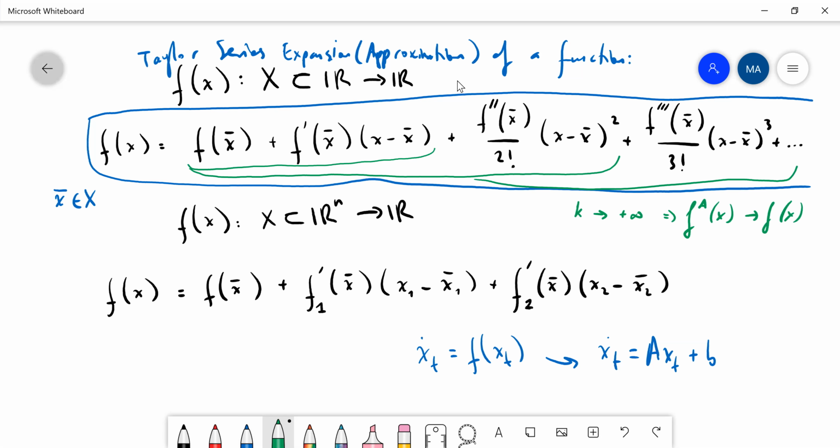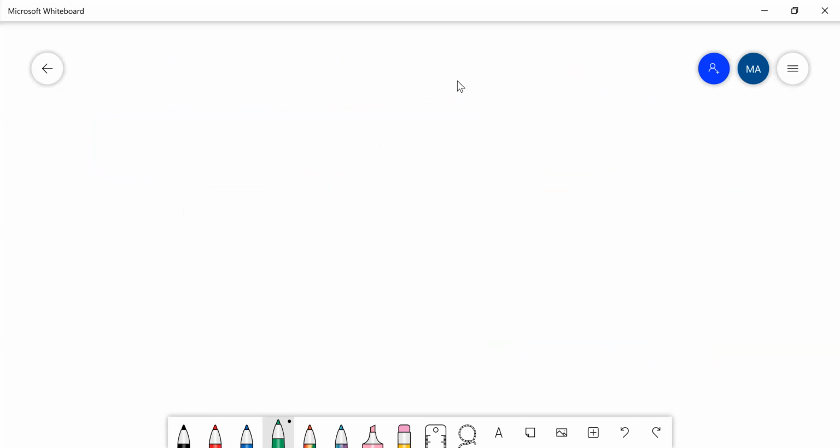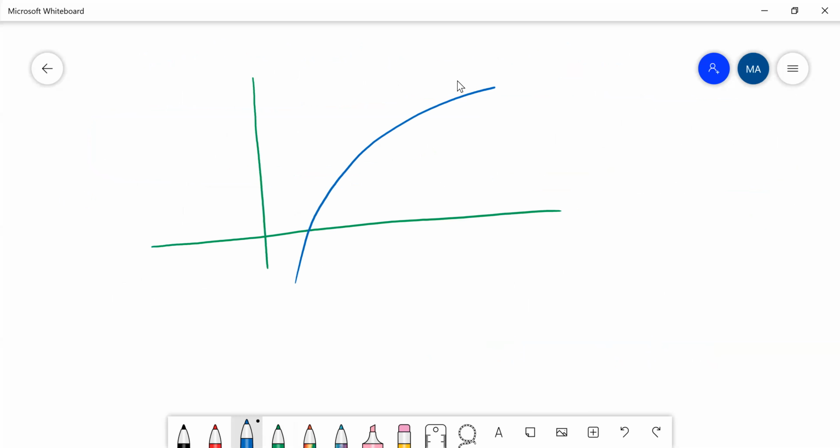I can actually draw a figure. Suppose that you have this nonlinear function. Then you choose a point, let's say this point here as x bar, and then you take the first order derivative.